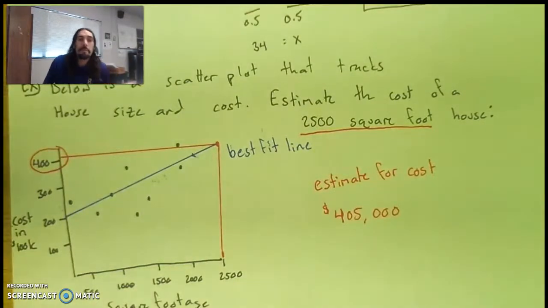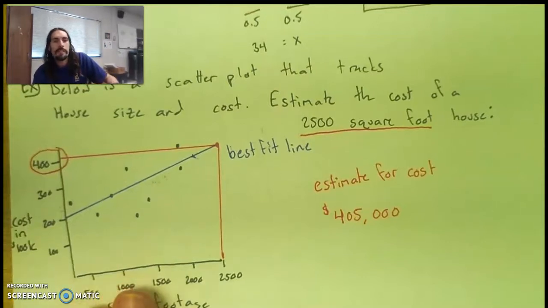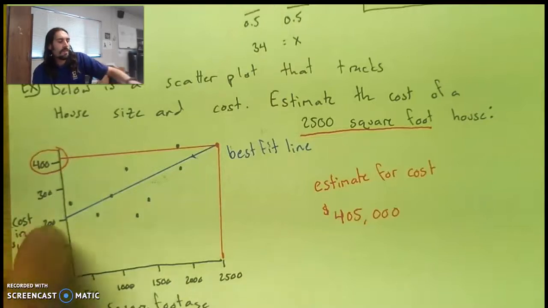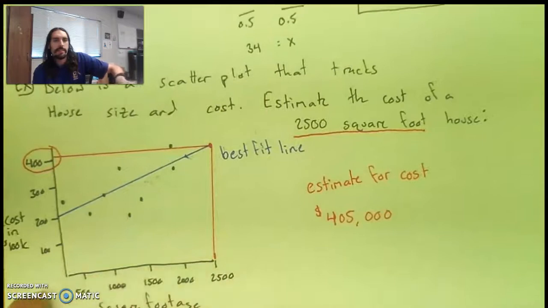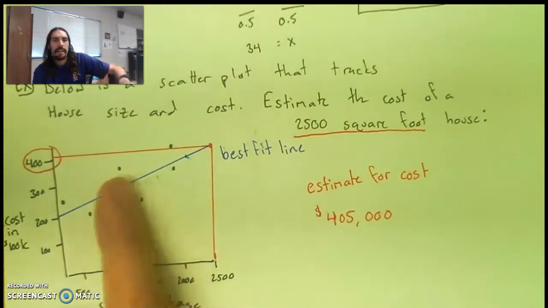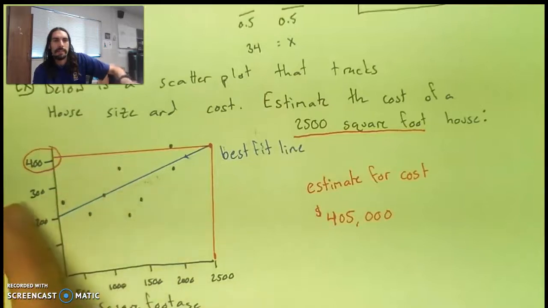You could give a few different things. If you gave me 400,000, I would take it. If you gave me 410,000, I would take it. We will see some instances where we write the equation in this piece, but the big idea is once you draw on that line of best fit, any value on the x-axis, I could go up to the line and then make an estimate for the price.